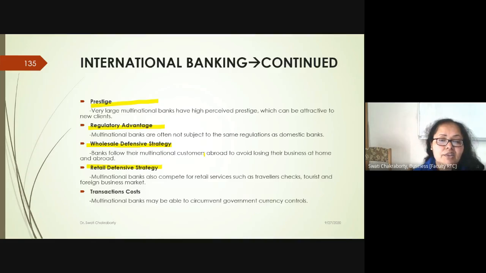Retail defensive strategy: these banks also compete for retail services, which include traveler's checks, tourist, and foreign business markets. Transaction cost: the banks may be able to circumvent some of the government currency controls.